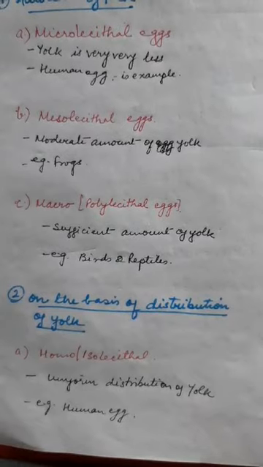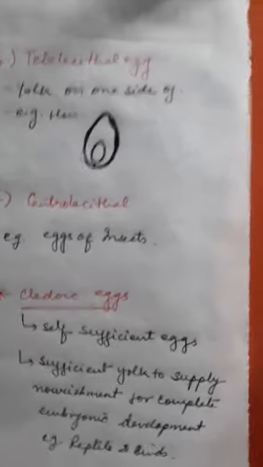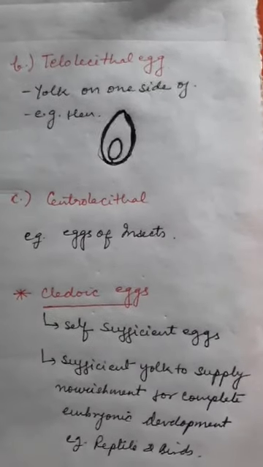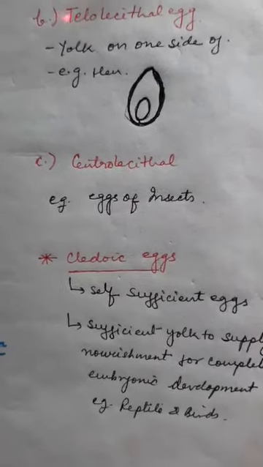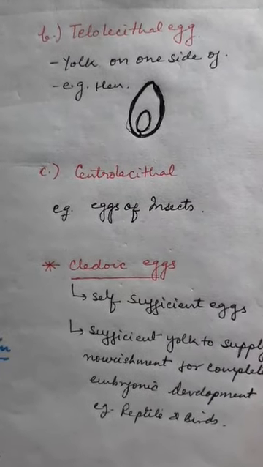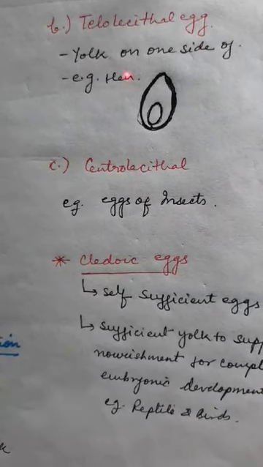The second category on the basis of distribution of yolk is telolithial. So when the yolk is present on one side, then we call it as telolithial egg, and the example is hen's egg.